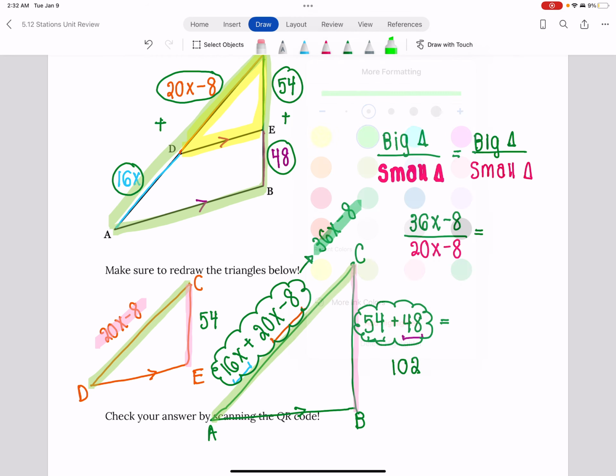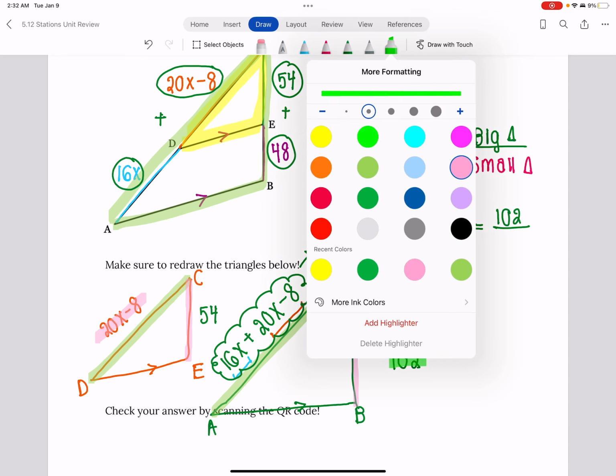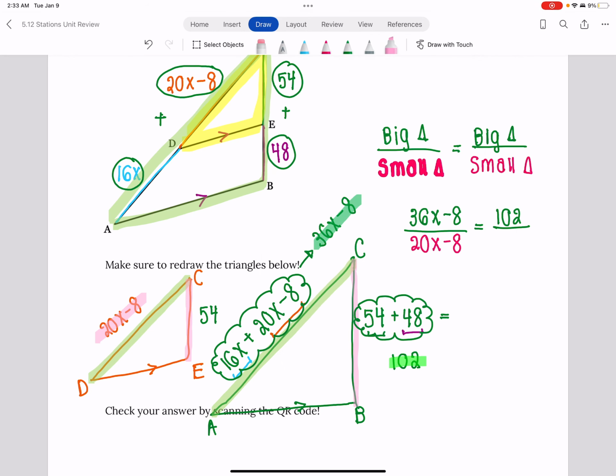Here we have 102. And that corresponds with the small triangle's 54.